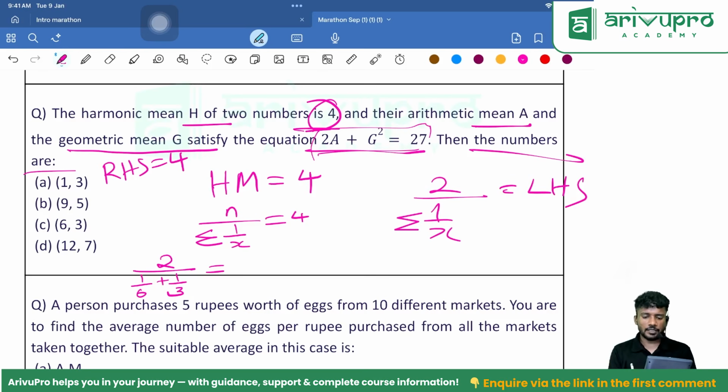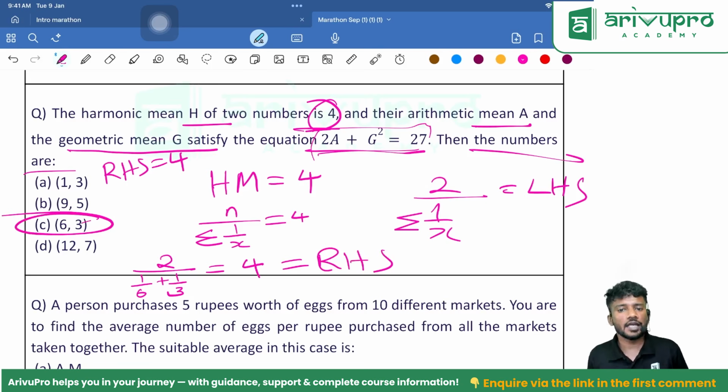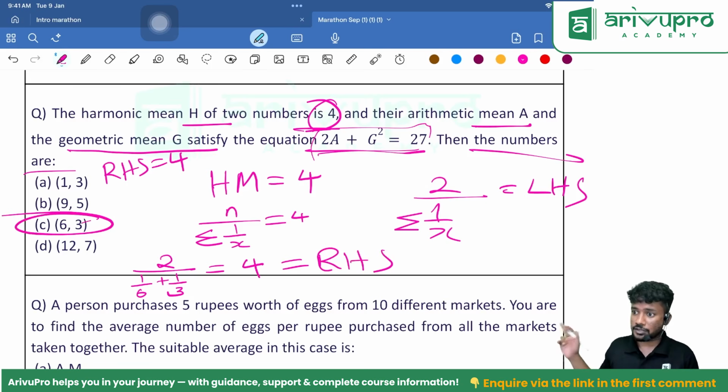Find the denominator. 1 divided by 6 M plus, 1 divided by 3 M plus. Then click MRC, divide, equal, multiply it with 2. You are getting it as how much? 4. That is equal to our LHS or RHS. That means option C is your right answer. Got the answer, people? Anyone got any other answer?